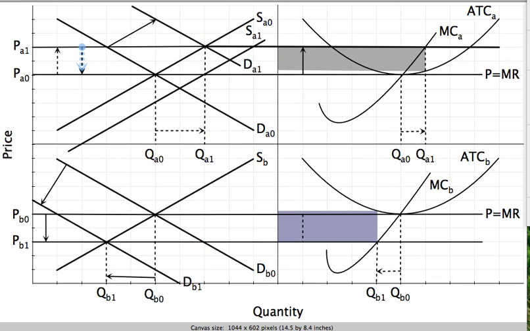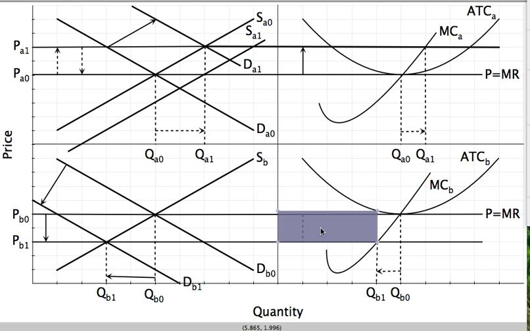So what does that do to the economic profits? Well, the price goes back down to its original level, which means those economic profits disappear. So what happens in perfect competition is that those economic profits act as an incentive for entry. The entrepreneurs enter into that marketplace, the supply curve shifts outward, and the price goes back down to the point where the firms in this market are making a zero economic profit again.